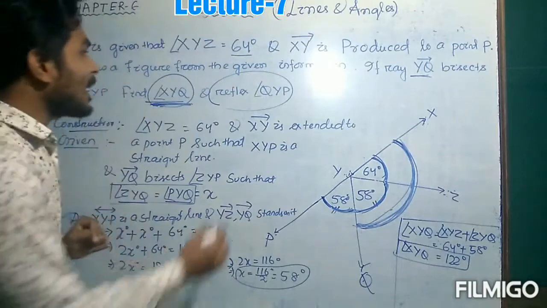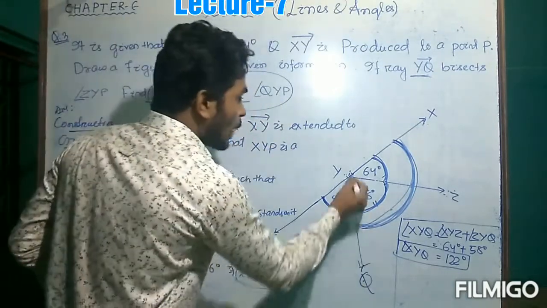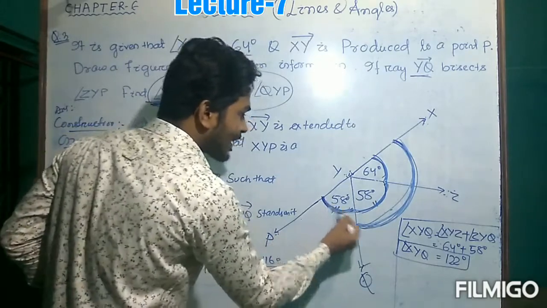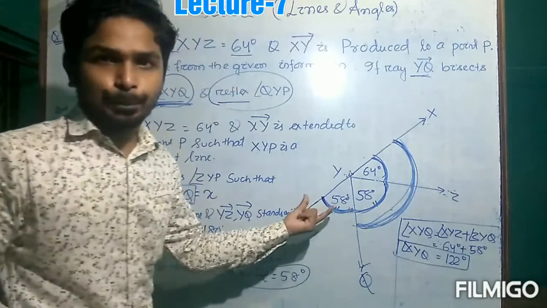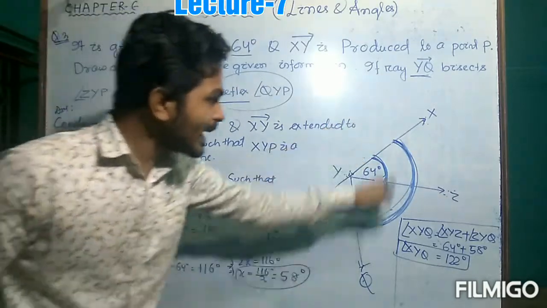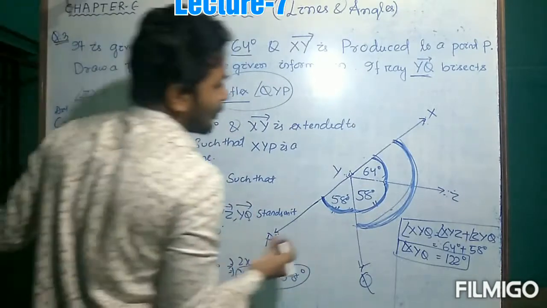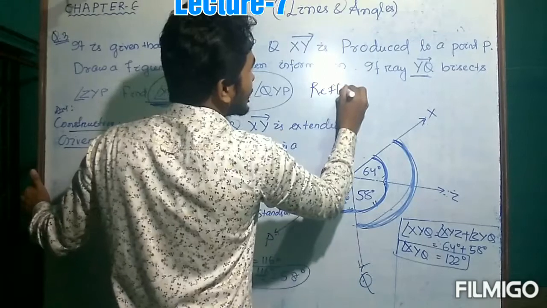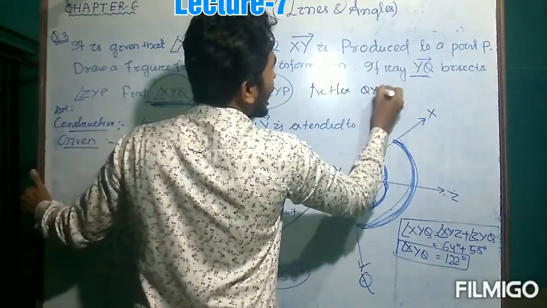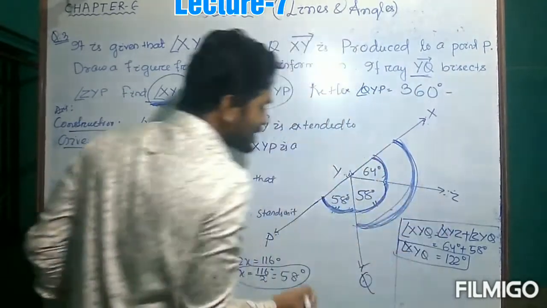So next you have to find the reflex of QYP. I have told you, reflex means all the angles except this angle, right? Since the sum of all the angles is 360 degrees, reflex QYP can be written as 360 degrees minus which angle?